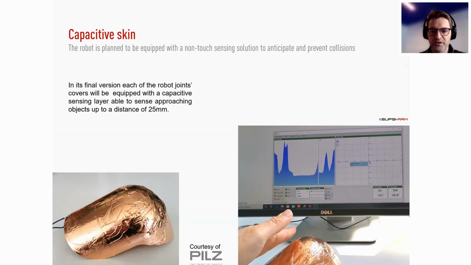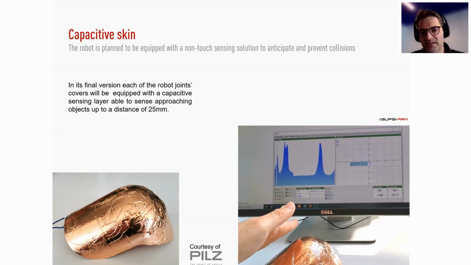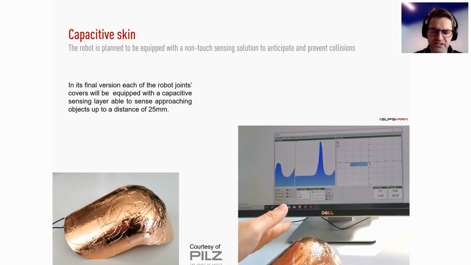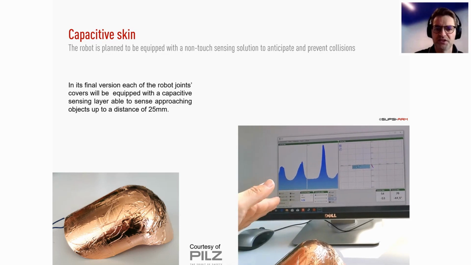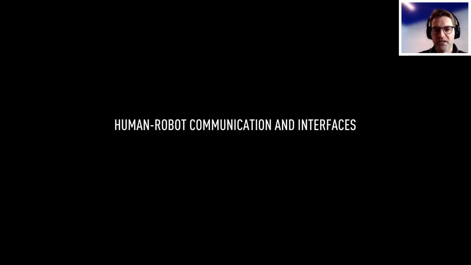In this movie, you can see its effectiveness: when somebody approaches the robot at a distance of up to 25 millimeters, it is able to detect it and prevent the collision in the first place.